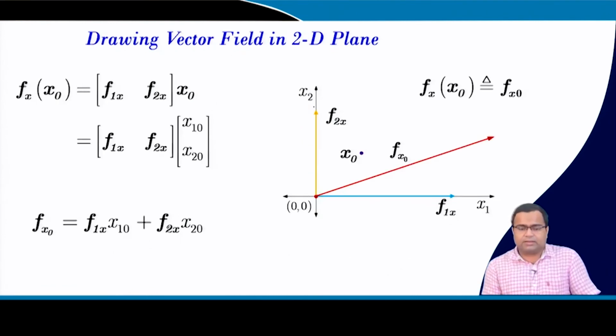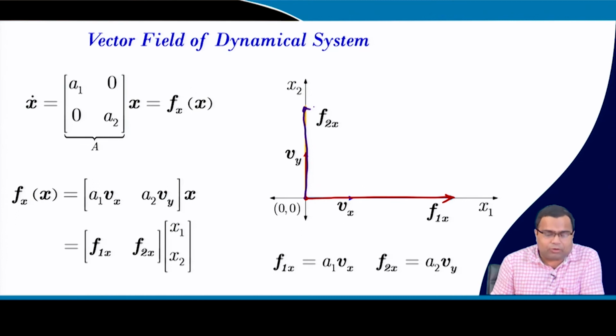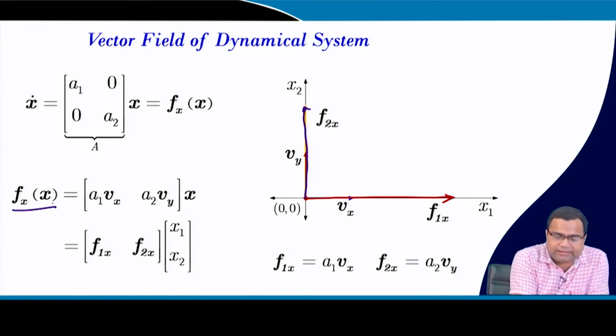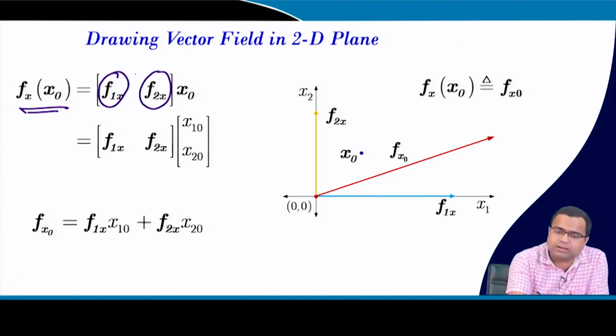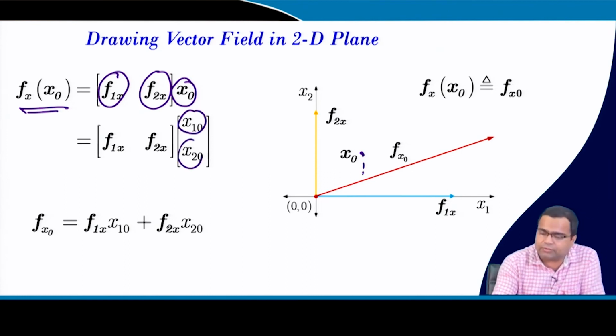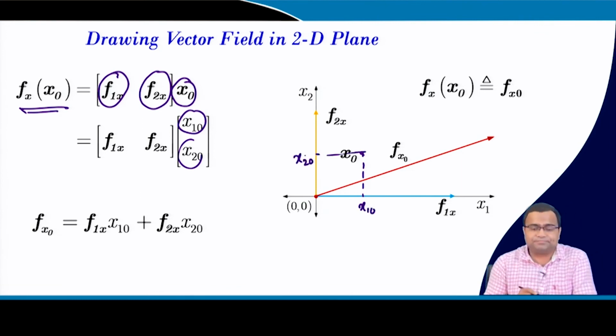Then what do we have to obtain? We are trying to find the vector field at x equal to x0. So we have drawn f1x, f2x, and x0 is given. That means it has x10 and x20. That means we are talking about this point. This is the x10 component and this is the x20 component, right?